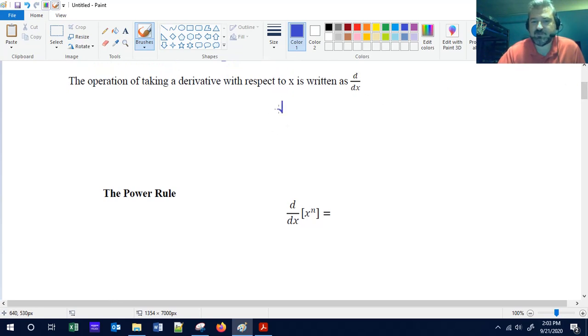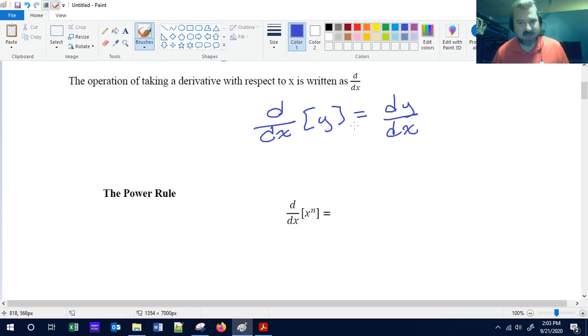So for example, if I was to take the derivative with respect to x, which is how you read that, of y, then the answer is dy over dx. And you'll notice that's pretty much the same rules for fractions. You can think of this as a numerator and the y as a numerator. It's not the same thing.